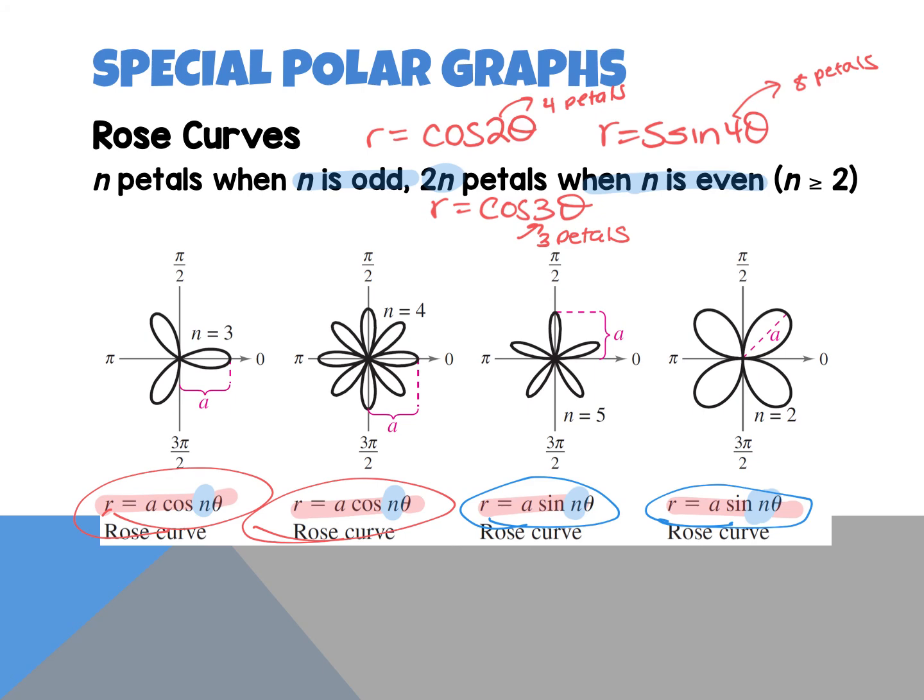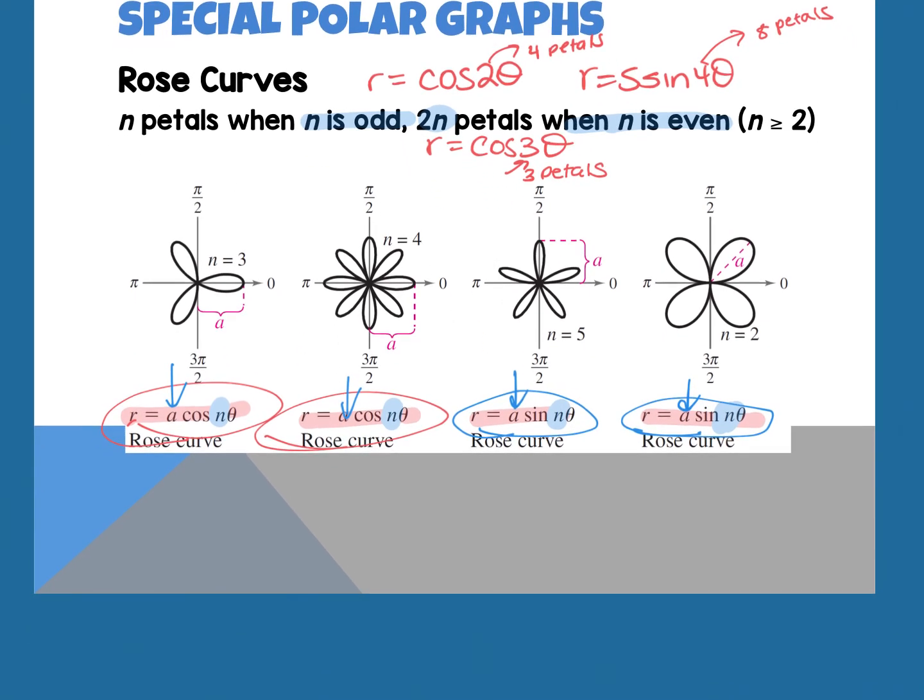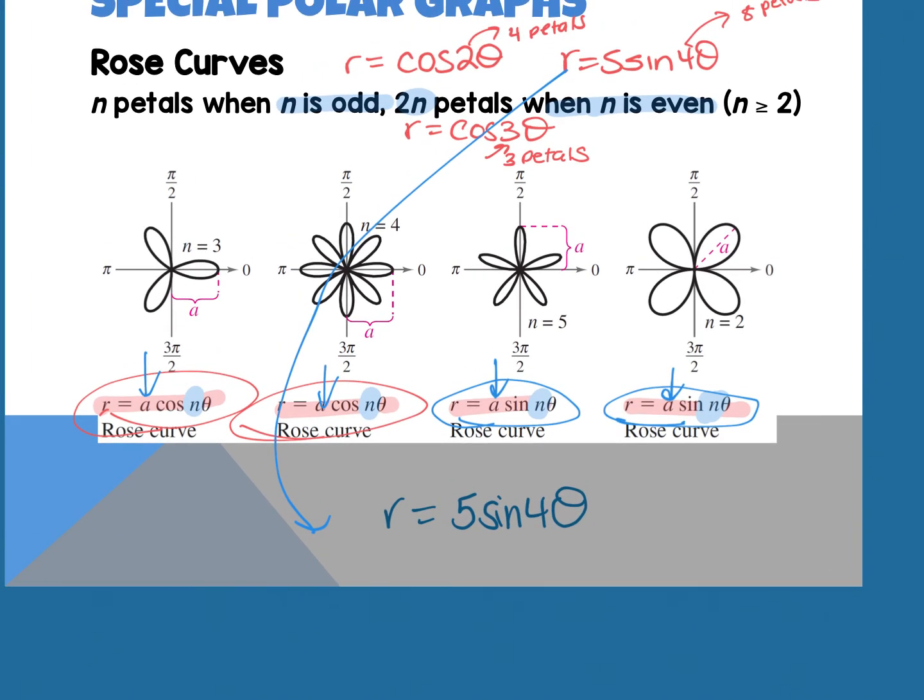The second thing you want to look at is the number on the front. Whatever number is here, whatever the A is, that's how long the farthest point on your petal is. So if I pick r equals 5 sine 4 theta, what's my A?